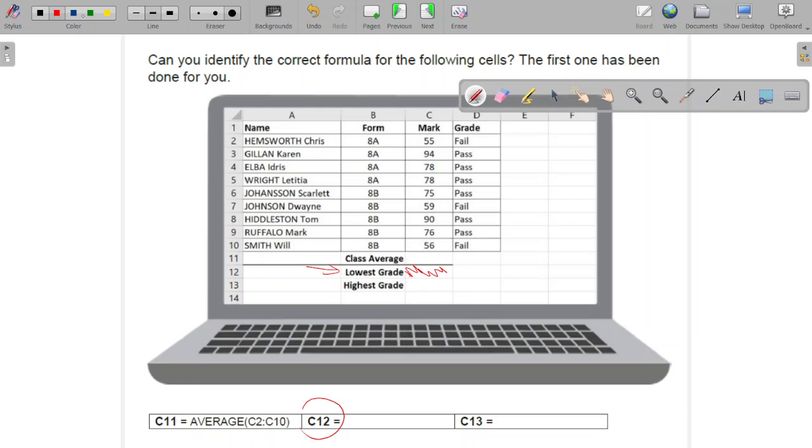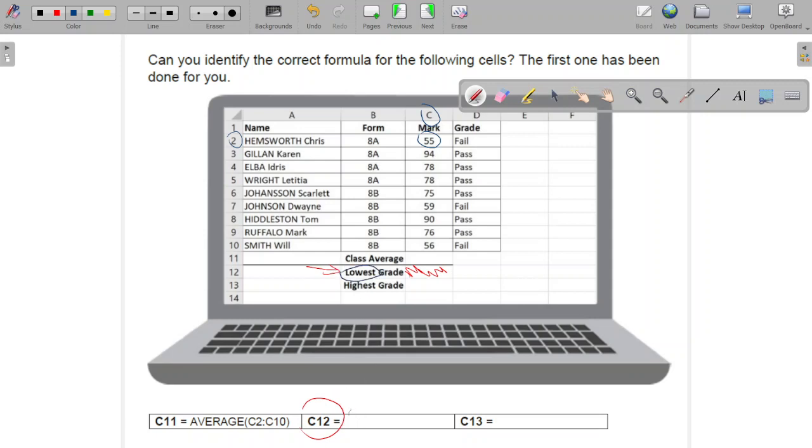Where's the lowest grade? When you look at these numbers, you will notice that 55 is the lowest mark. And where does 55 exist? It exists in column C, row 2. So I'm going to add the name of the function. And when it says lowest, it means minimum.